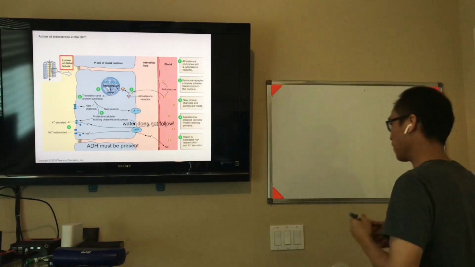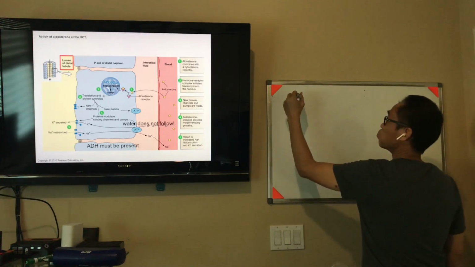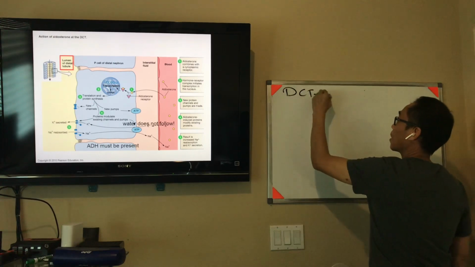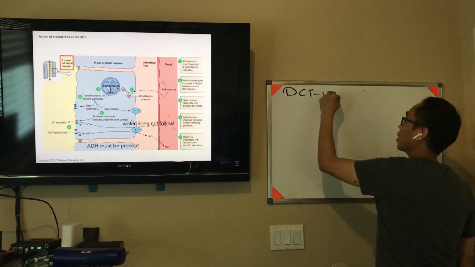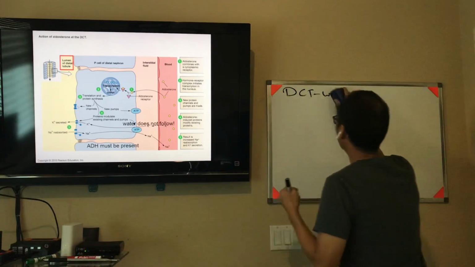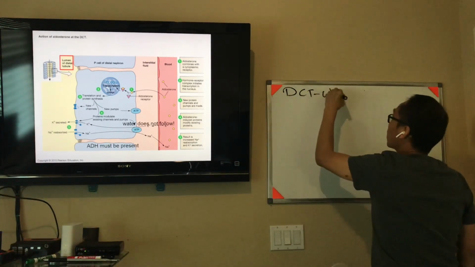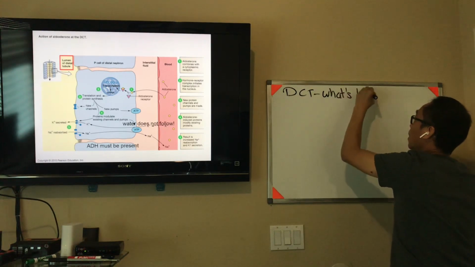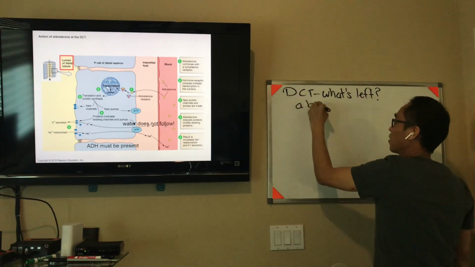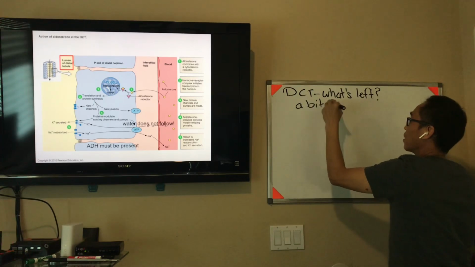There's not much left in the filtrate. Well, let me just put it this way. What's left? I'll just say a bit of water and salt.